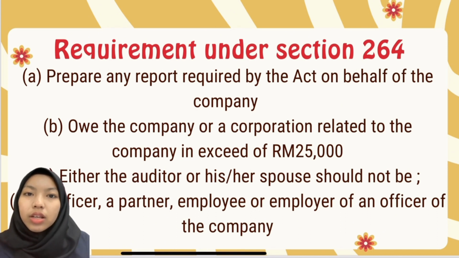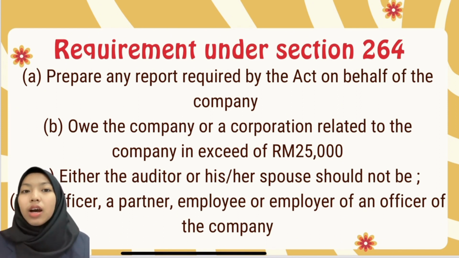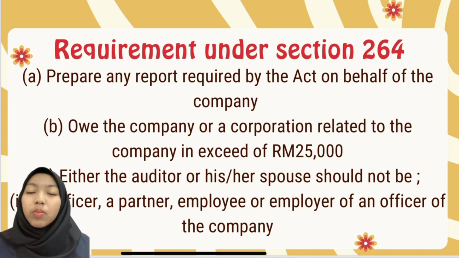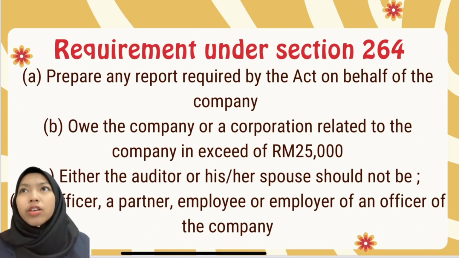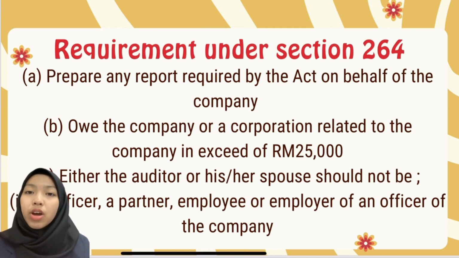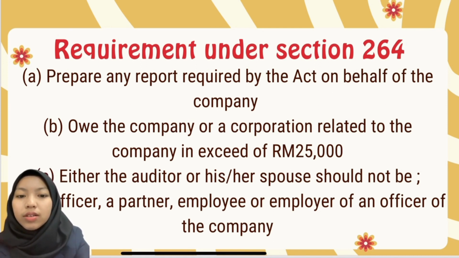And C. Either the auditor or his or her spouse should not be an officer, a partner, employee or employer of an officer of this company. This is to prevent other problems in the company. For example, if husband and wife fight and work in the same company, it will affect the surroundings.